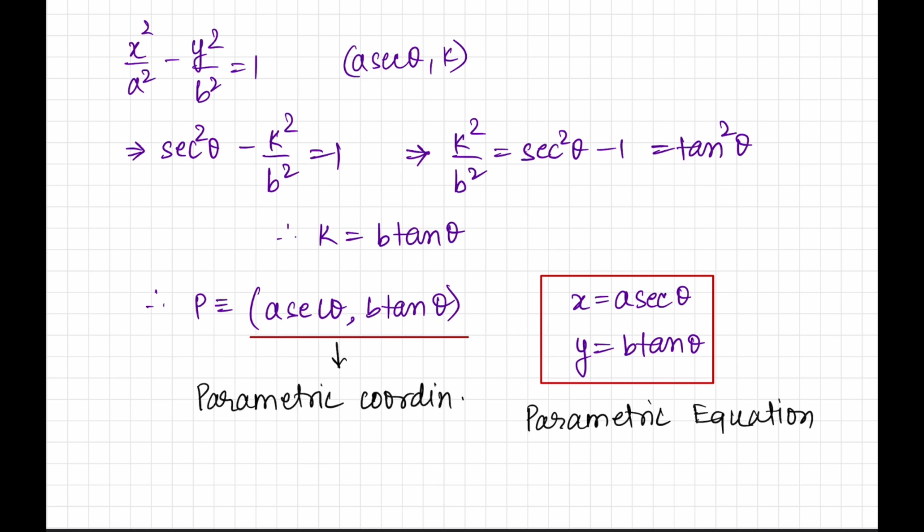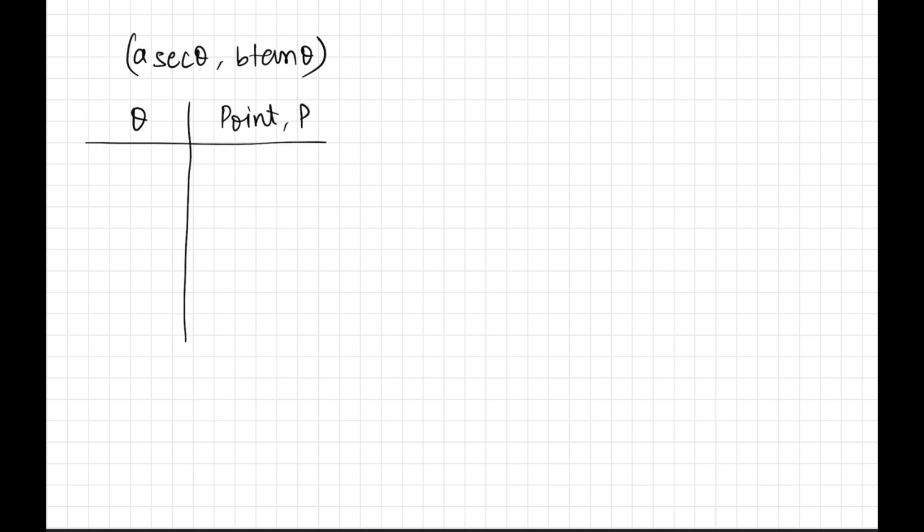Now, there is an important thing that we must try and understand. Since the point is (a sec theta, b tan theta), suppose theta lies in the first quadrant. We know sec theta and tan theta both will be positive.